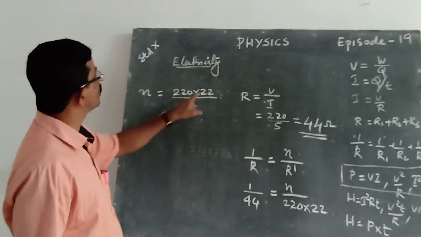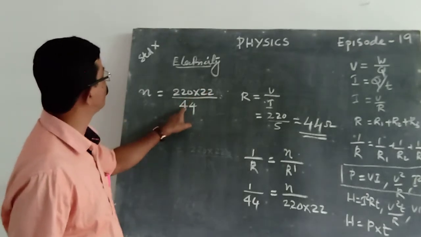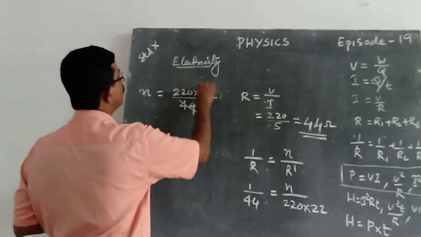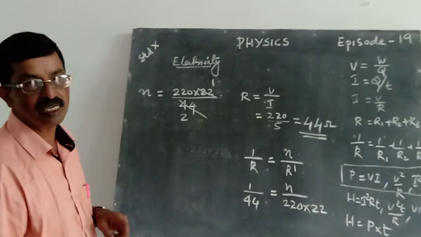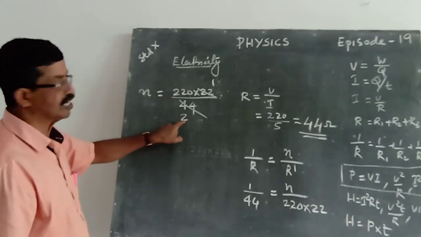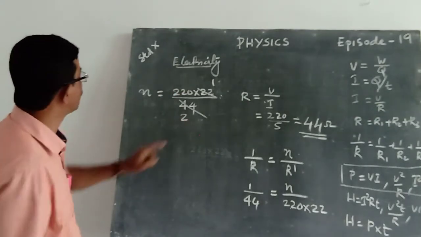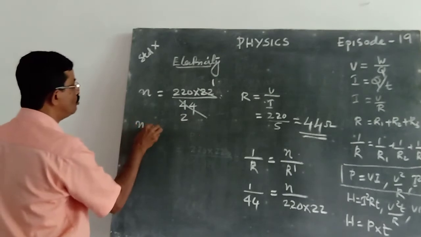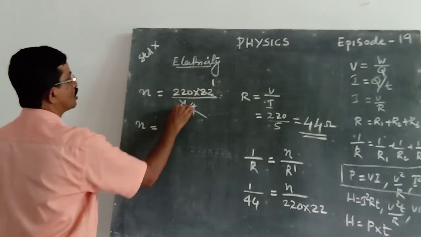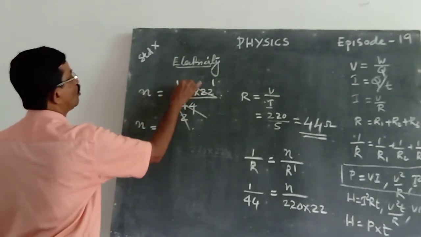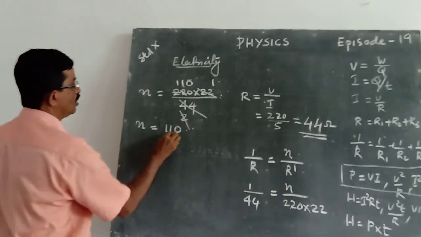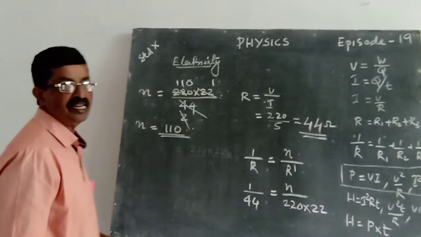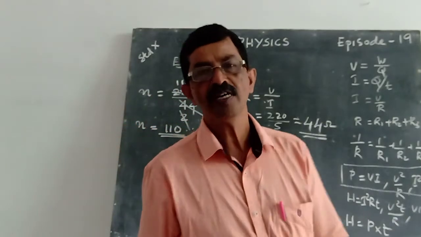We know 22 two times is 44. So 22 one time here, 2 times. Again 220 divided by 2. How much will it come? N is equal to 110.